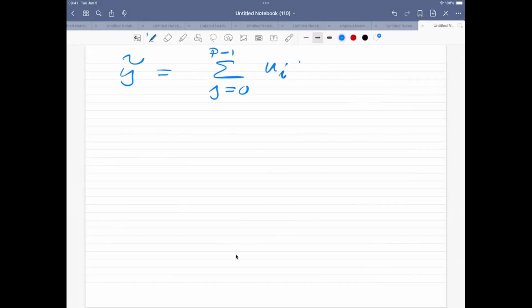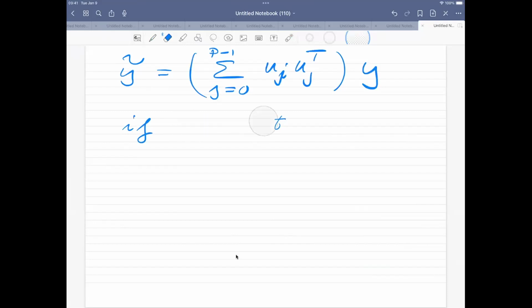And then you have U_J, of U_J transposed multiplied with Y. If the matrix X transpose times X is not singular, or as we said, an orthogonal matrix.